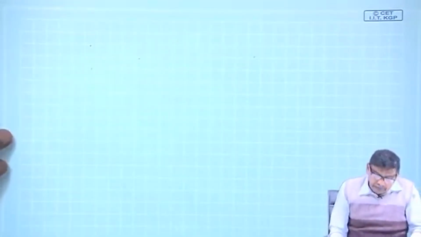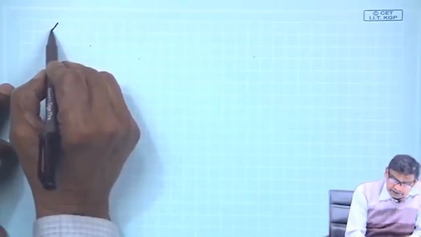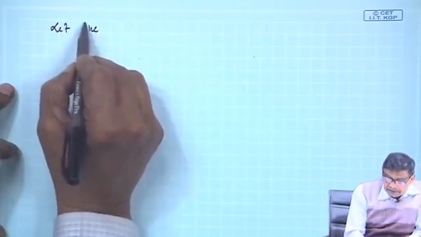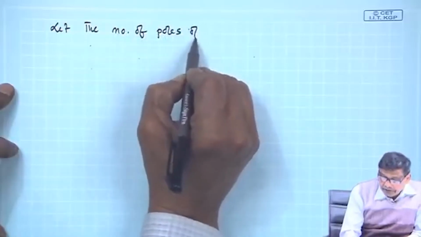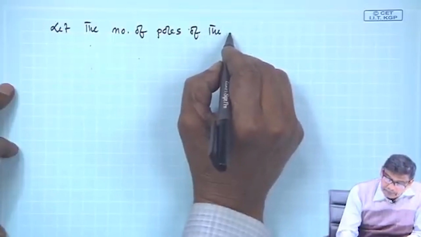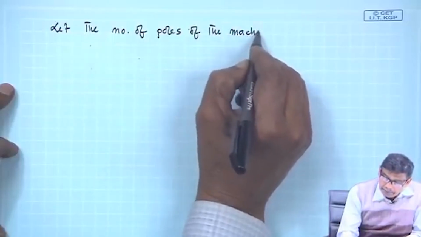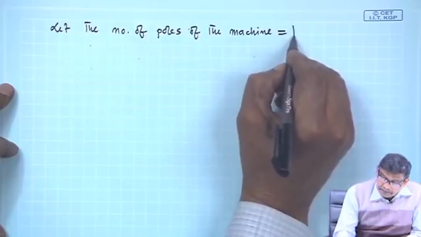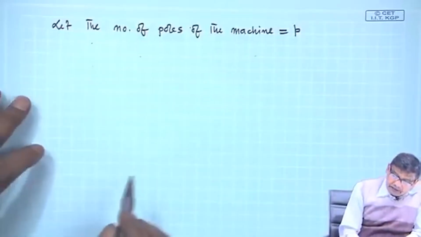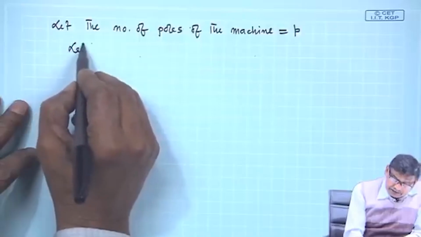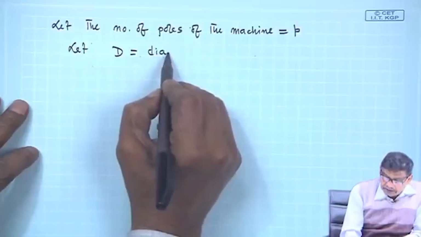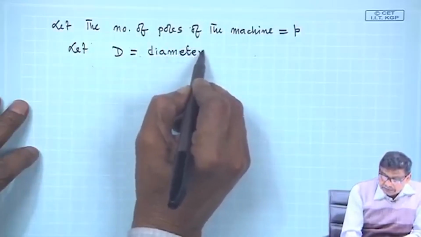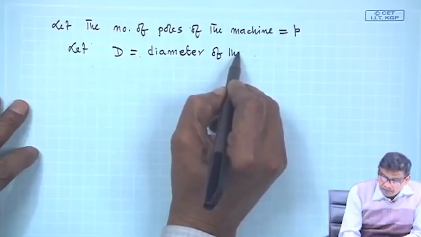So, the problem definition is, let it be a p polar machine, let the number of poles of the machine be p, okay, and let me write more formally. D is equal to the diameter of the rotor.